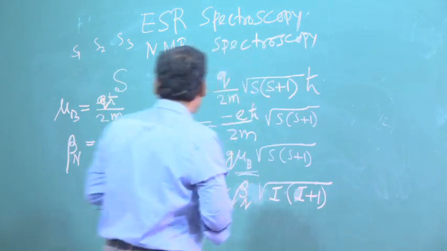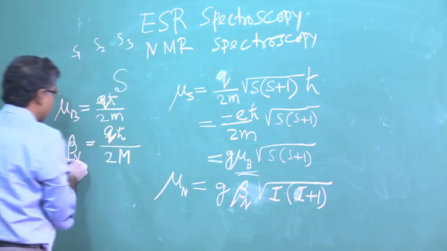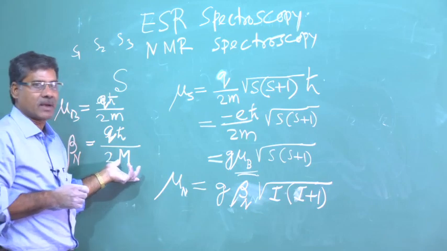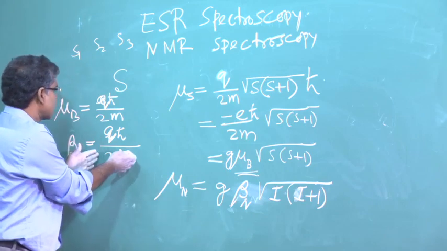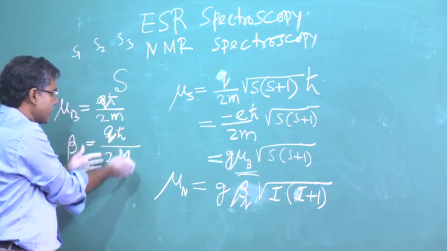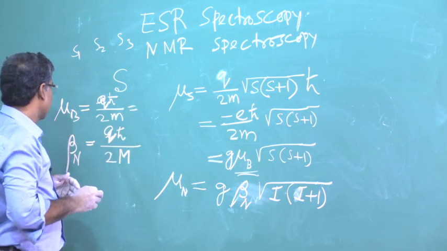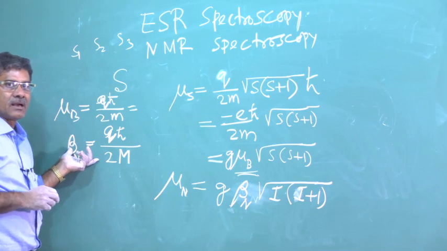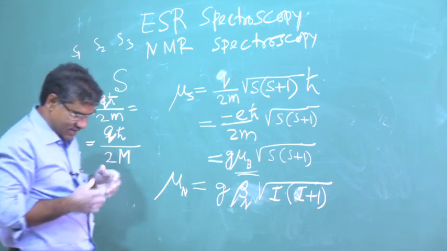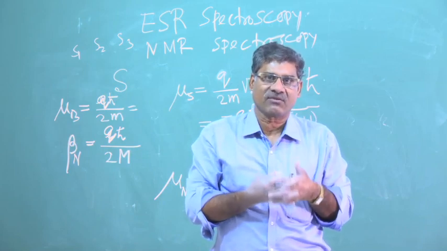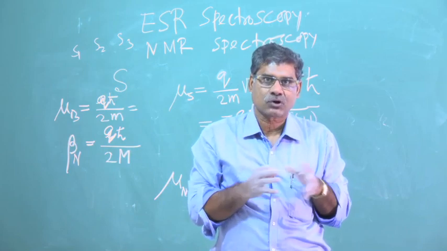This is the nuclear magneton, similar to the Bohr magneton, but this value is different. Now, in this question we neglect this nuclear effect most of the time.